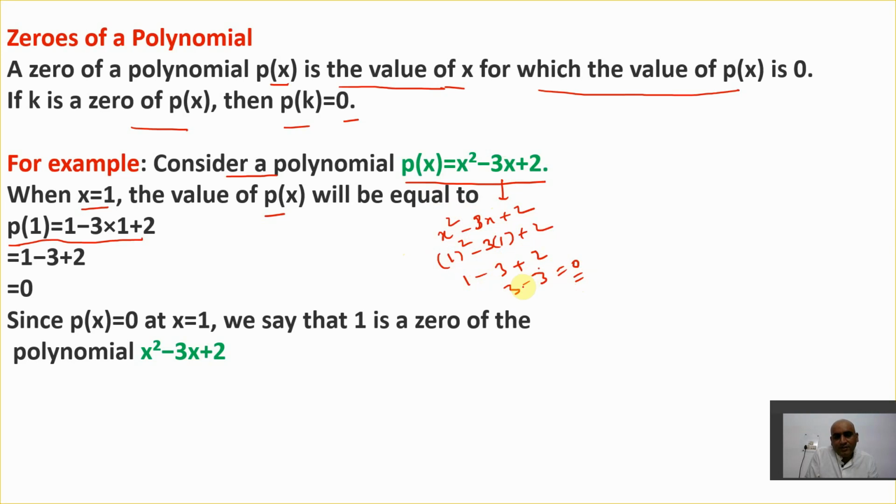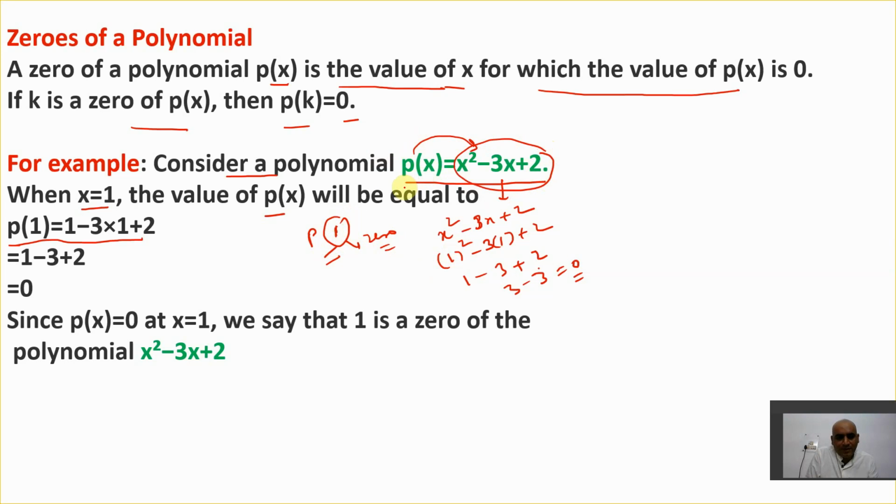0. So at this particular value of x, the full equation becomes 0. That means p(1) is 0, and this 1 is called a zero of the polynomial, because it is the value of x at which the full polynomial becomes 0.